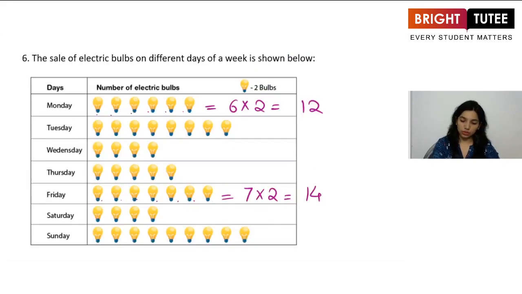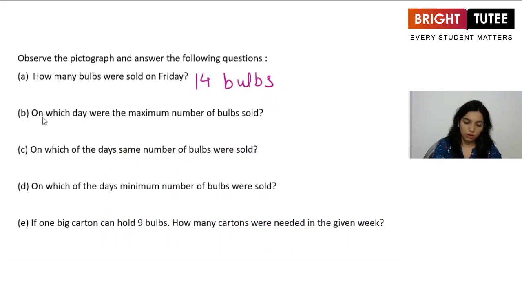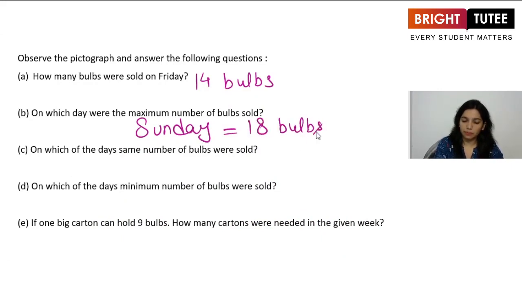Clearly Sunday has the maximum number of bulbs, that is 1, 2, 3, 4, 5, 6, 7, 8, 9. So we need to do 9 times 2, that is 18. So on which day? It was on Sunday. And how many? It was 18 bulbs, right?